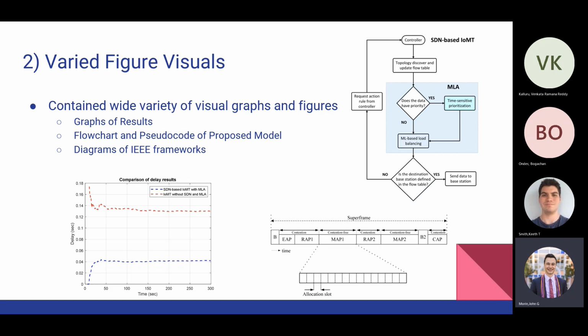They could tell you that the delay was much less, or you could come to your conclusions looking here. And then the same thing when explaining the background for the IEEE framework. In order to properly see how the frames and diagrams were functioning in packages, they gave a whole bunch of different examples so that you could really understand where they were coming from.